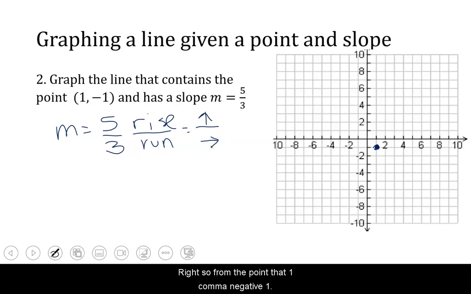So from the point, that 1, -1, go up 5, 1, 2, 3, 4, 5, over 3, 1, 2, 3, and plot your point. Up 5 over 3, up 5 over 3. So you only need 2 points to make a line, but the up 5 over 3 continues because the line goes on forever.